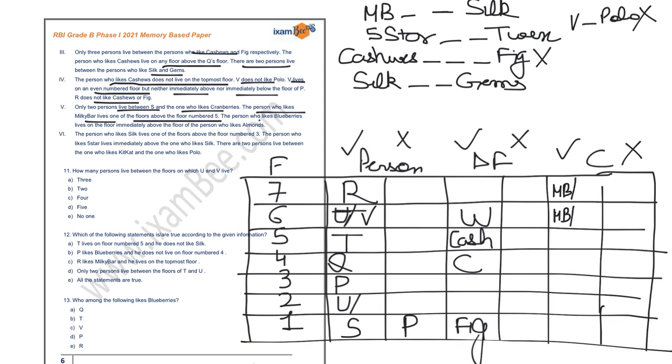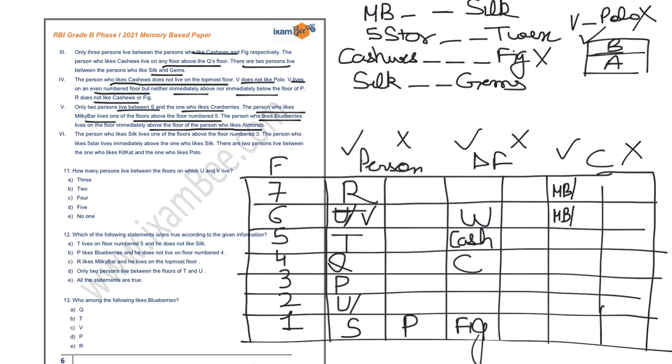Now the person who likes blueberries lives on the floor immediately above the floor of the one who likes almonds. So you can just draw a symbol that the person who likes blueberry lives immediately above the person who likes almonds, and this box represents the immediate one, right?